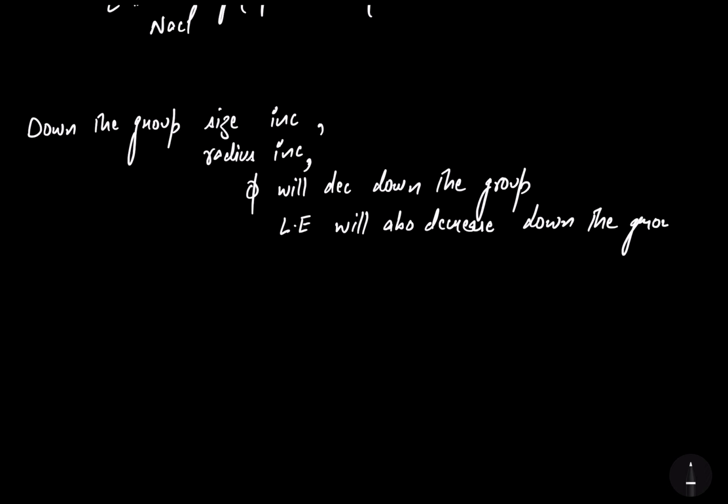So in case of any group, as we move down the group, lattice energy will decrease and hence the lattice will become weaker and weaker as we move down the group.